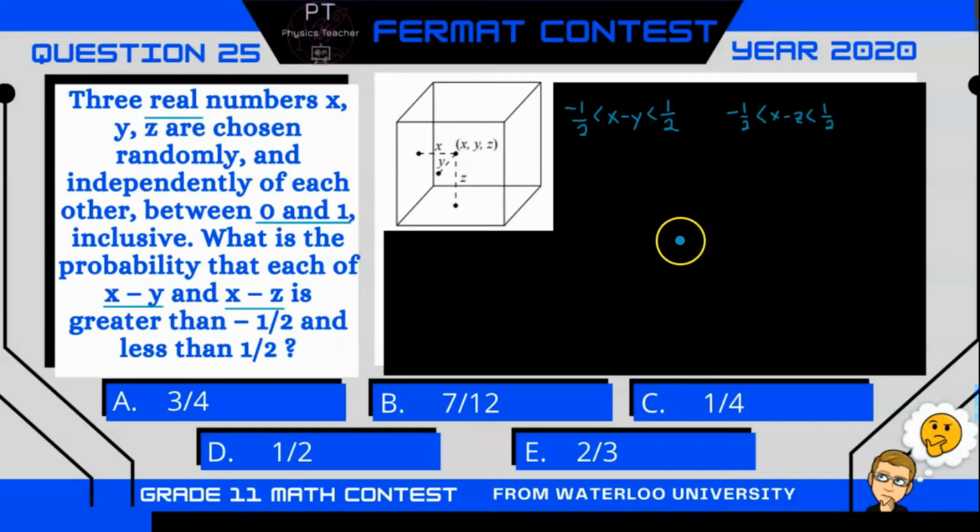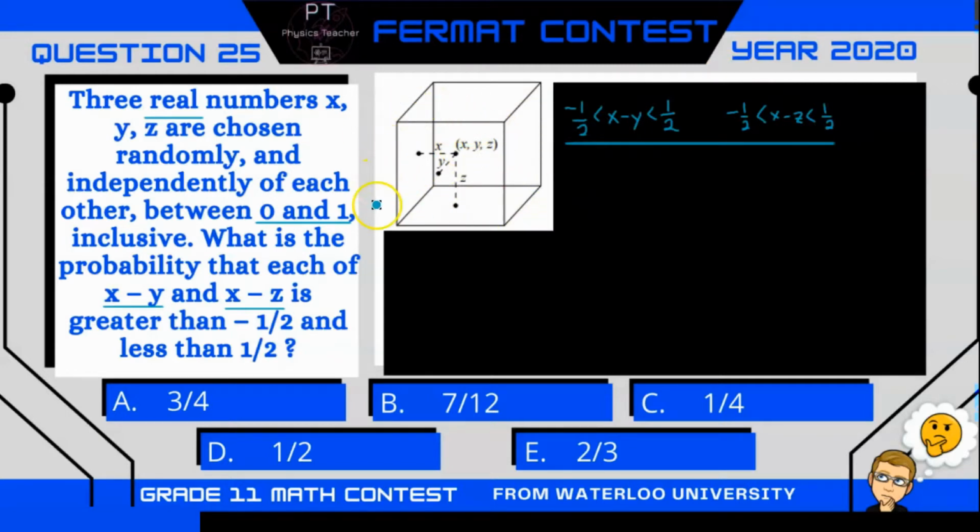Therefore, the probability that a point randomly chosen inside of this cube satisfies these conditions will be equal to the volume of that region defined by those conditions divided by the volume of the whole cube. Basically, where we would randomly pick a point inside of this region compared to anywhere in the cube.